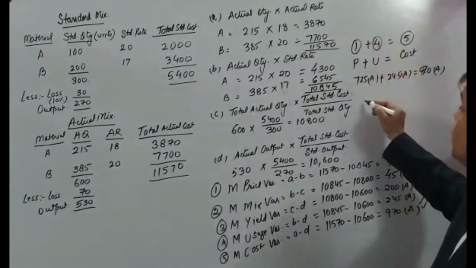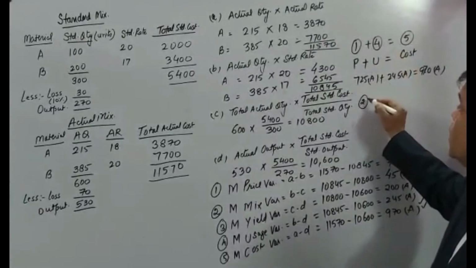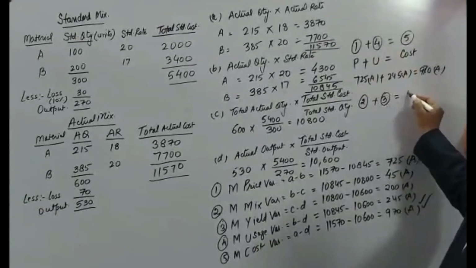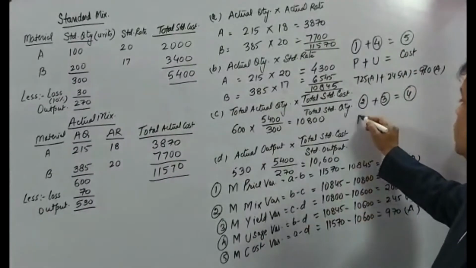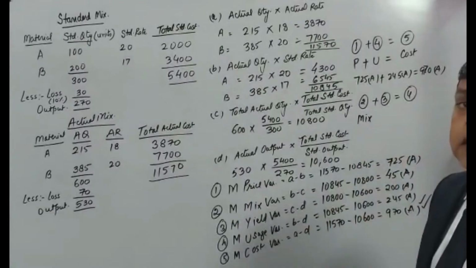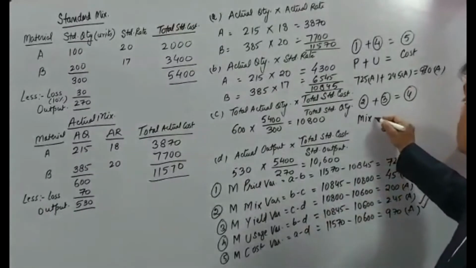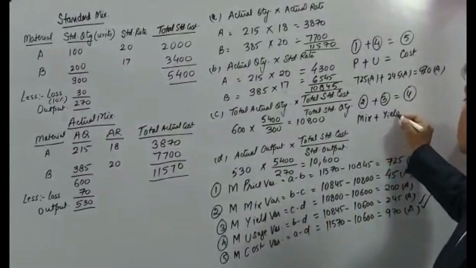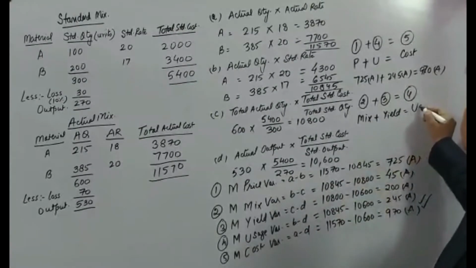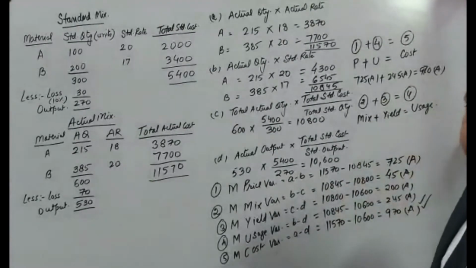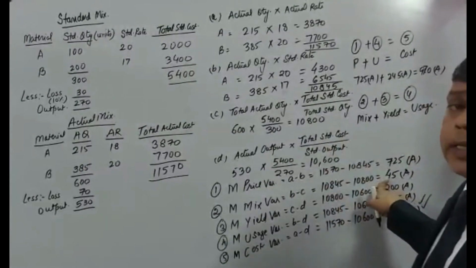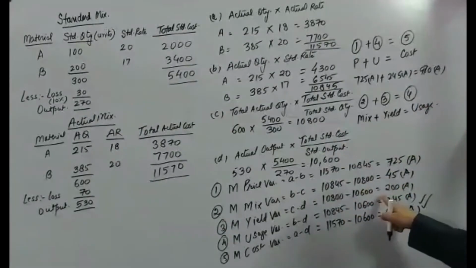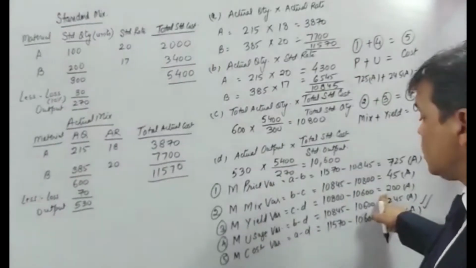This is the first verification, and the second verification is 2 plus 3 should be equal to 4. 2 plus 3 equals 4 basically means if you add the material mix variance plus the material yield variance, it should be equal to the usage variance, right? So in this question, material mix variance is 45 adverse and material yield variance is 200 adverse.